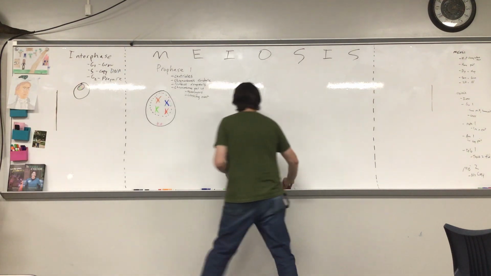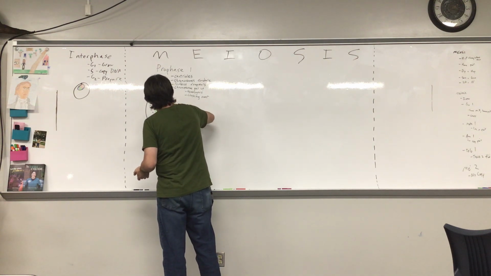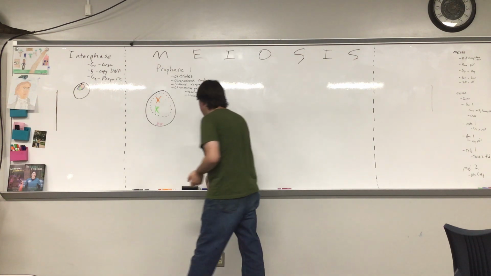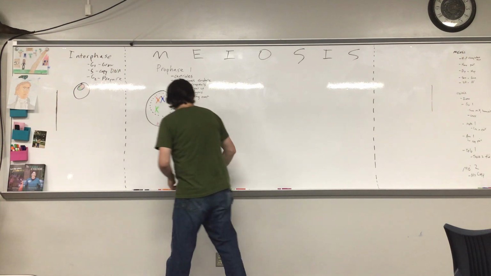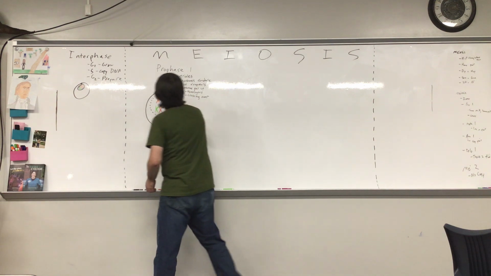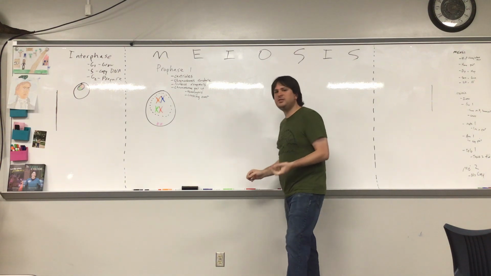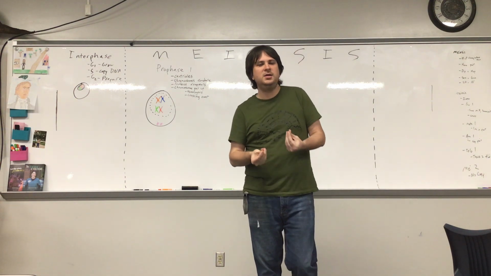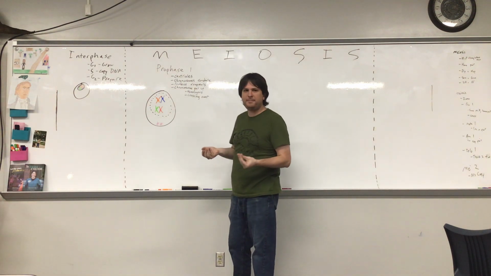But I also said that they pair up. So for this, we're going to pretend that blue and orange are homologous, so they will pair up. And that red and green are homologous, so they will pair up. And when they pair up, we do this crossing over thing. Crossing over means you take those like genes, that like information, and you swap it between them.